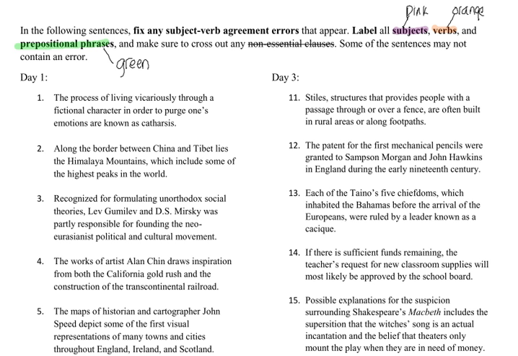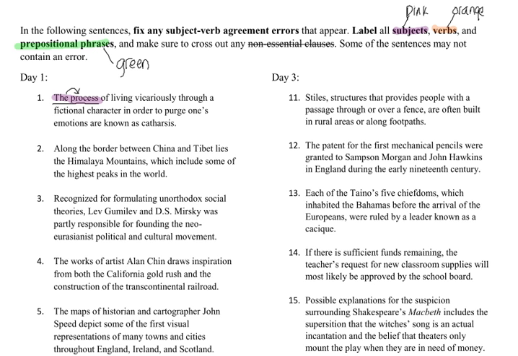The process of living vicariously through a fictional character in order to purge one's emotions are known as catharsis. Well, we need to start off by identifying all of the prepositions because there's lots of them. So the process, the is that article indicating the presence of a noun. So process is our noun. It's probably our subject, the process.